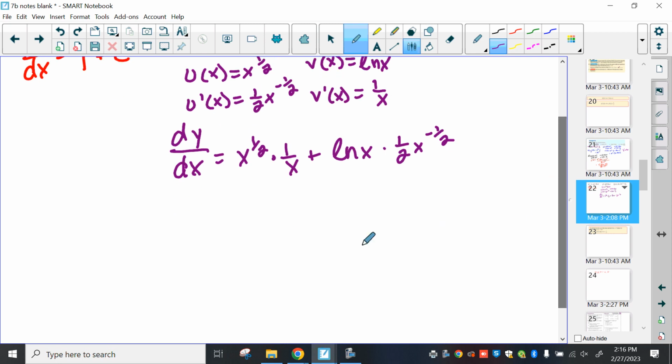And then we can simplify this. So x to the 1/2 is the square root, so it's the square root of x over x. Plus, okay, this guy goes to the bottom because it's a negative exponent. 2 is on the bottom, natural log is on top, so that's the natural log of x over 2 times the square root of x.